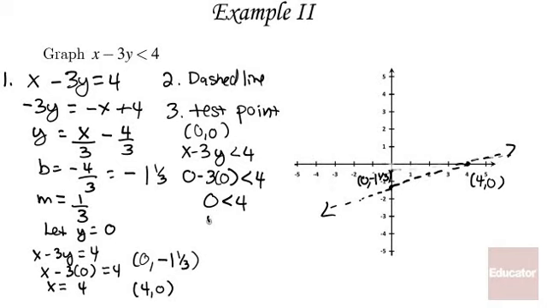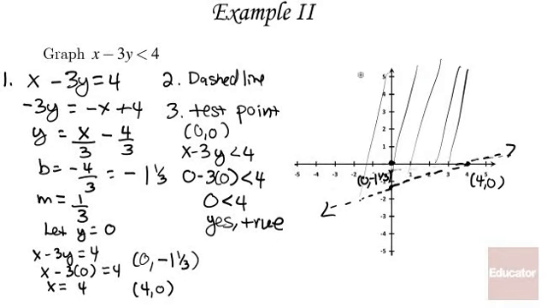Yes, that is a true statement. Since my test point satisfied the inequality, I know that the half plane that this point lies in contains the solutions. So the upper half plane is the correct half plane.